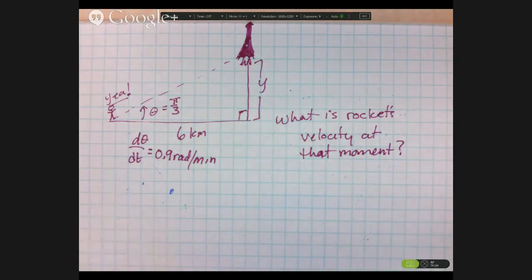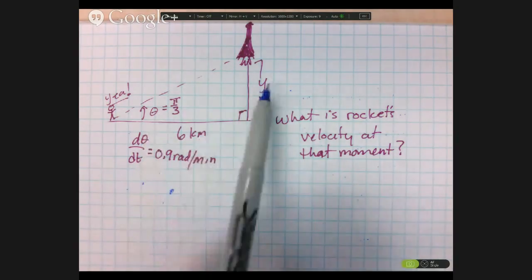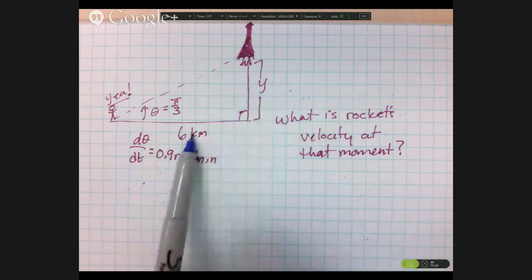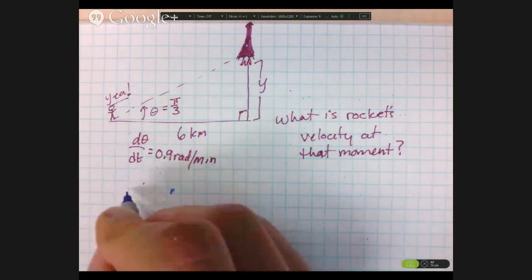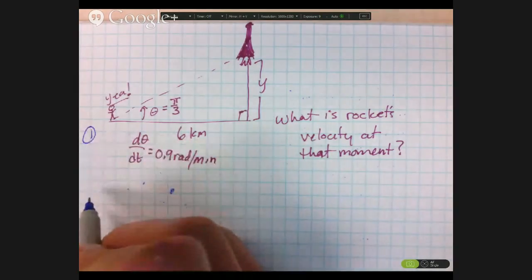What function are we going to use? We have an angle, opposite, and adjacent. Okay. So number one was our picture, right?